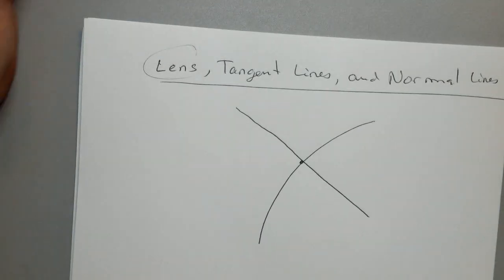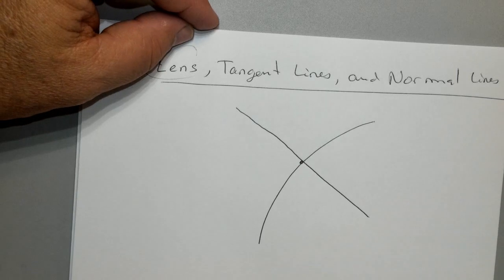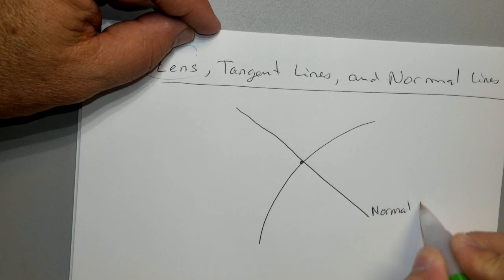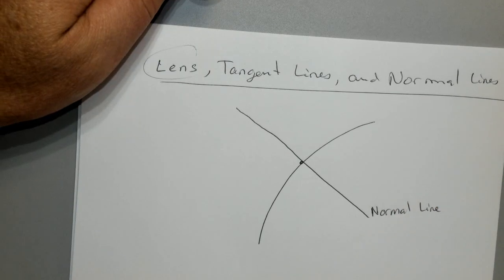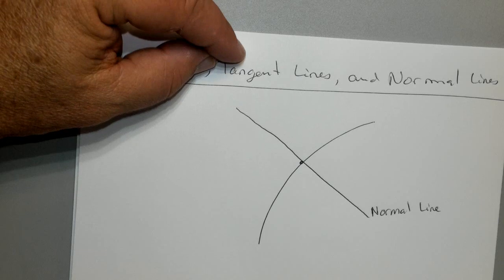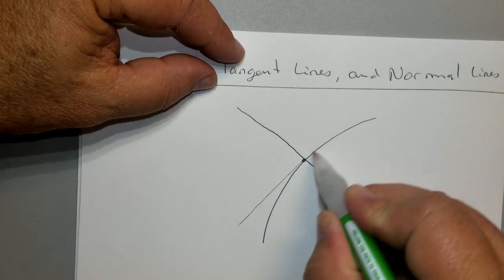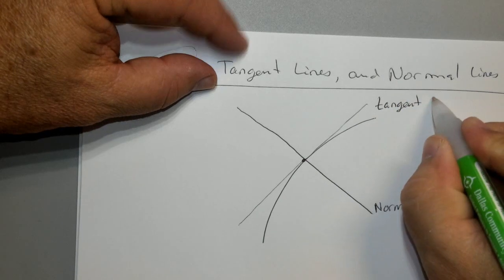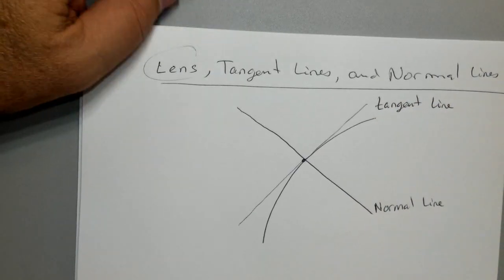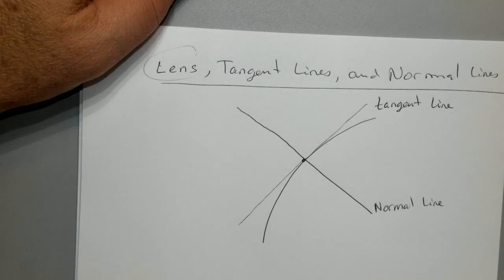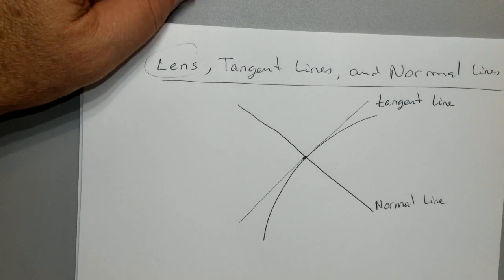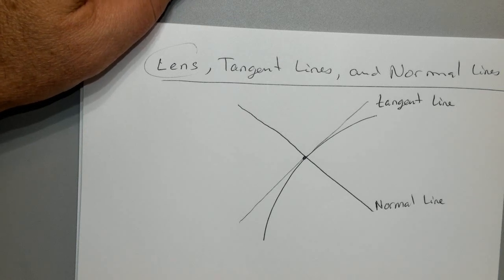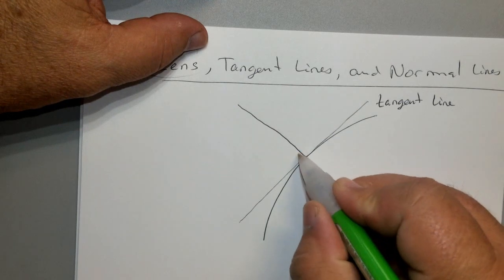The line going straight through there is called the normal line. It's perpendicular to the tangent line. Perpendicular.